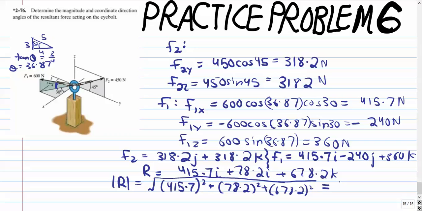The value that we get for the magnitude of the resultant force is 800 newtons.